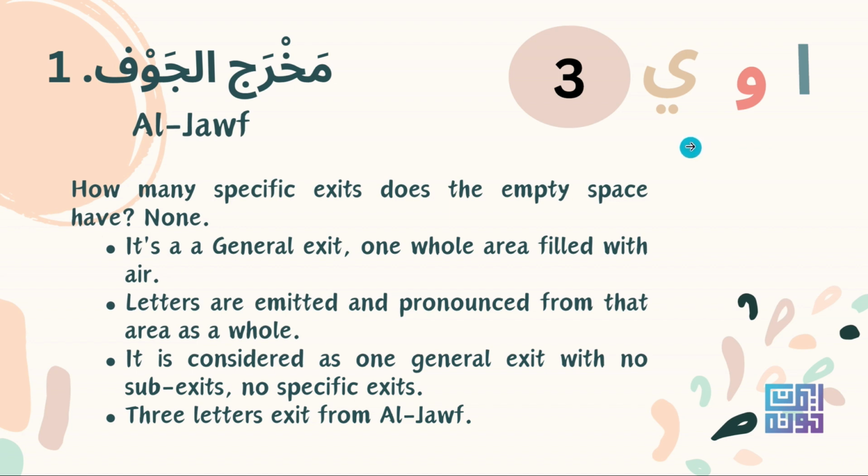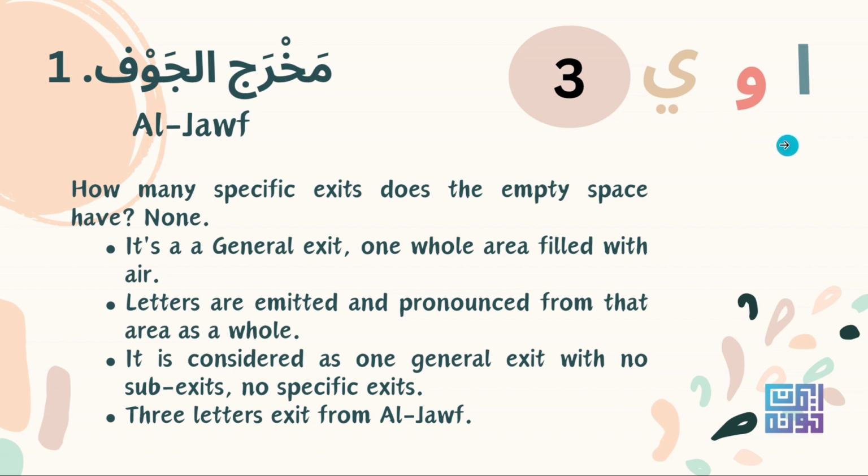In the Arabic language, we only have three elongated letters: the alif at all times, and you will always find the alif with a fatha letter before it, the waw, which is a sukoon with a dhamma letter before it, and the ya, which is a sukoon with a kasra letter before it.